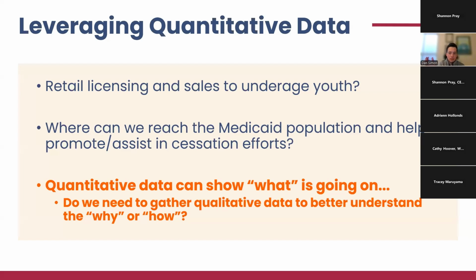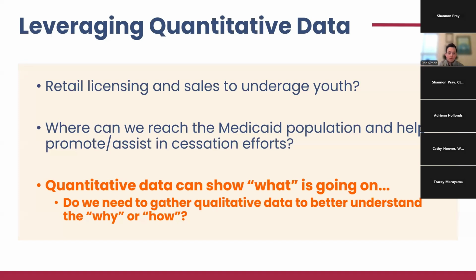So ideally, we can use surveillance or quantitative data to reflect on the trends or the areas of opportunity in your community. Data shows higher rates of cigarette smoking among uninsured and Medicaid populations in Colorado. What does that look like in your community? How are you working with those populations?